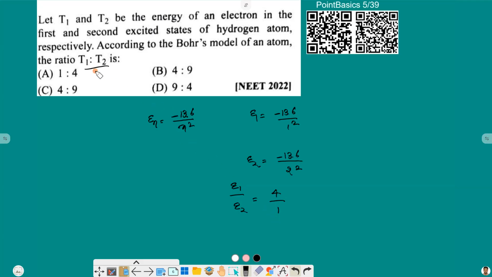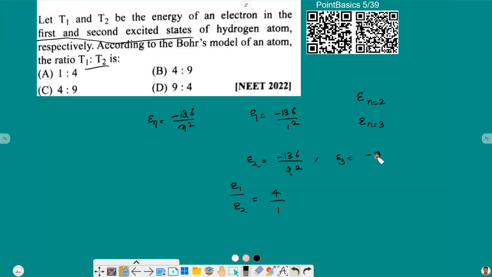Oh, let me read the question properly. That we have to find out for the excited states. This is not for the normal states. This is for the first and second excited state. So for the first excited state, n is equal to 2. And for the second excited state, n is equal to 3. So we have to calculate E3 here also.